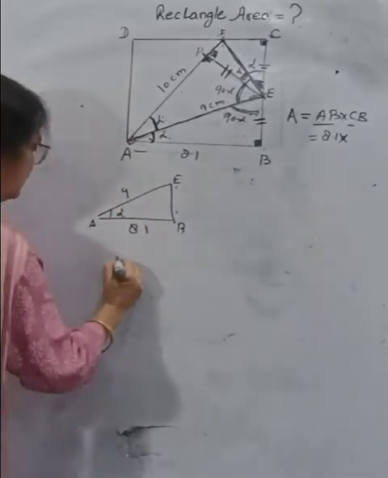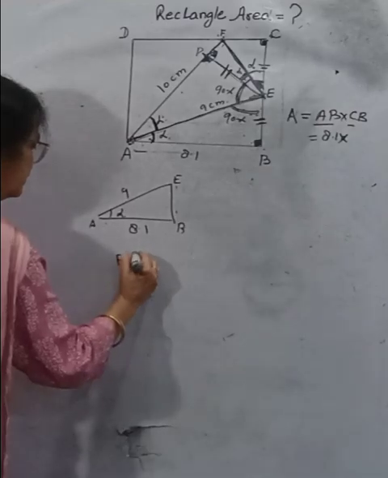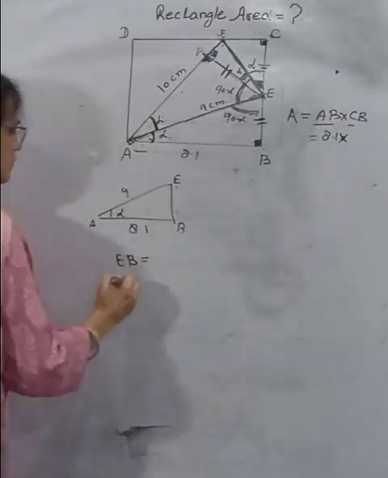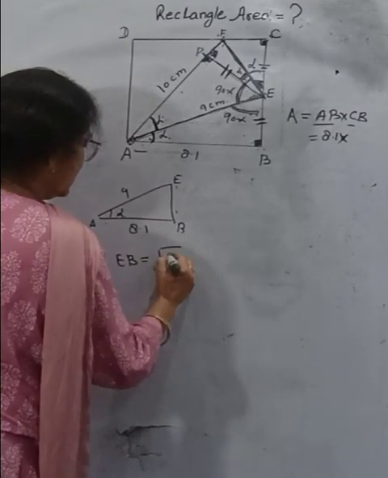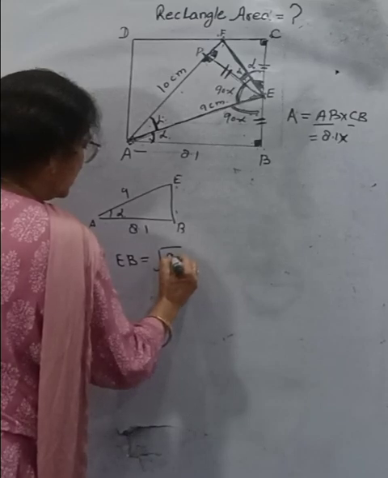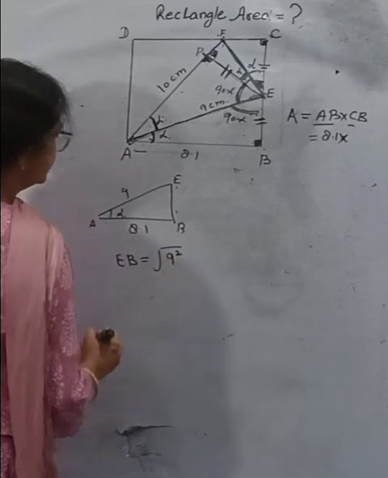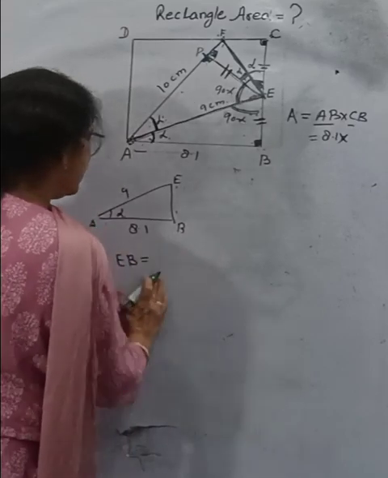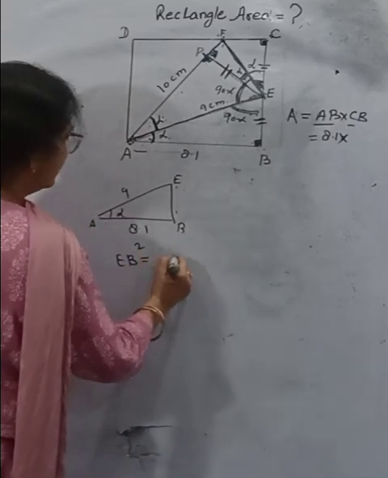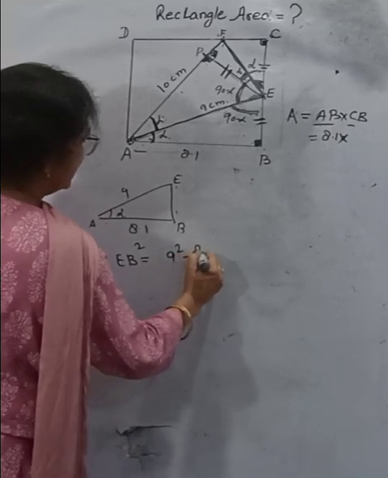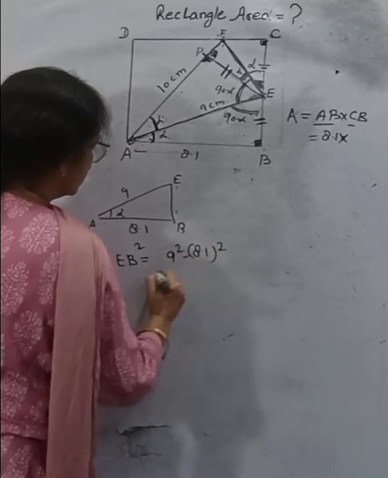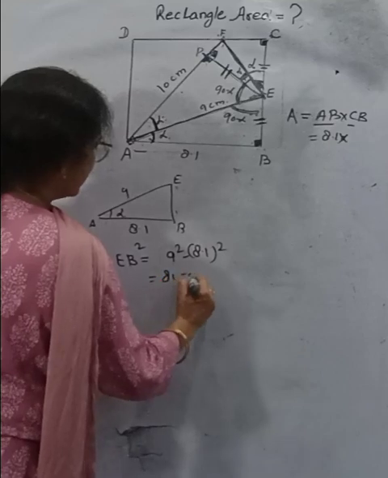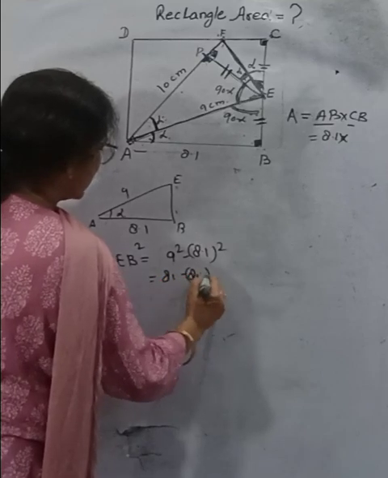It means EB will be equal to root of 9 square minus 8.1 square. Or we can say directly EB square can be written as 9 square minus 8.1 square, that is 81 minus 8.1 square.